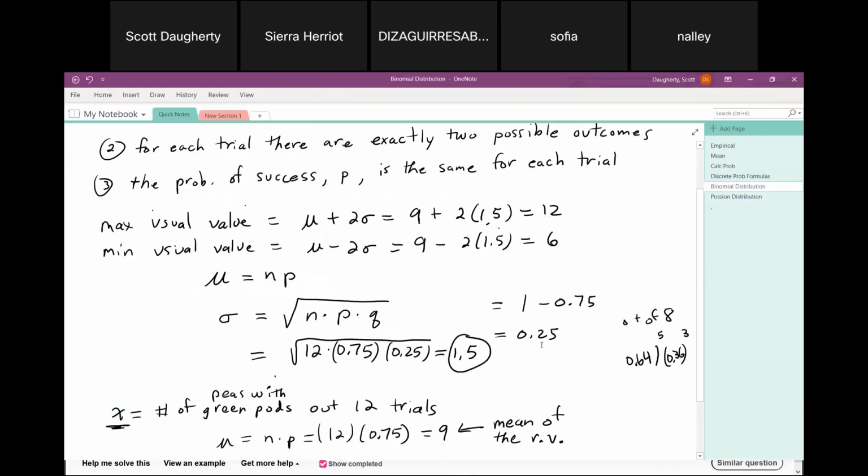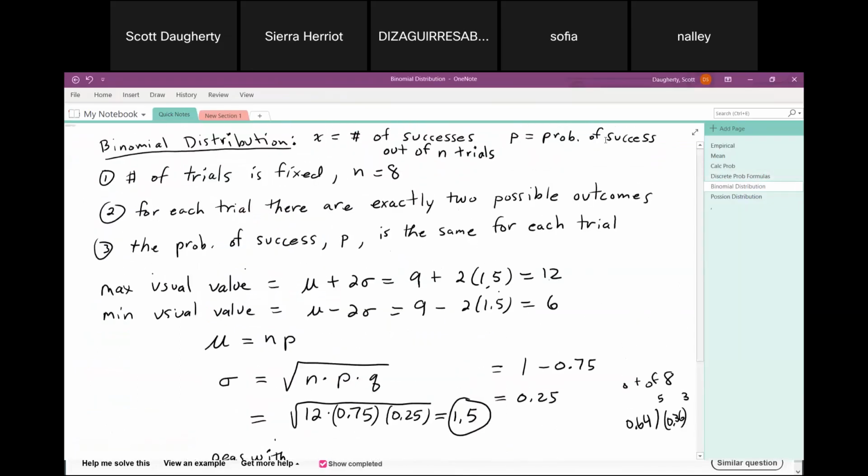Now, again, I want to emphasize this point. All these formulas that we're using, they're only valid for binomial distributions, okay? So you'd have to make sure that you satisfy those 4 conditions first, right? It has to be a binomial distribution before you can calculate the mean and standard deviation using these formulas.